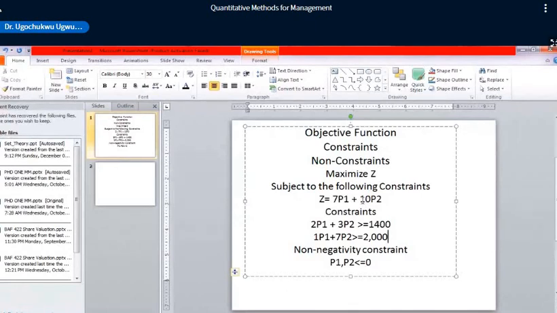That's why I said linear programming is a deterministic model. So what we are interested in is, given the constraints you are facing, how do you produce a combination of these two products in order to maximize your profit?